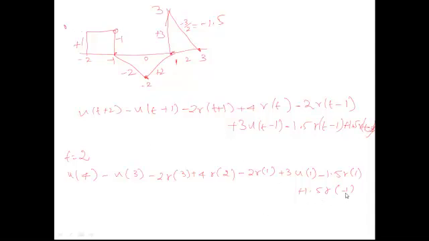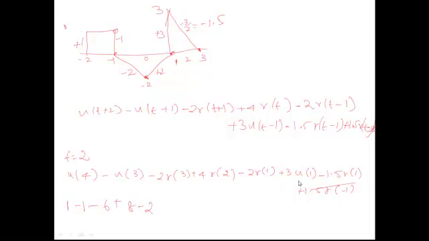Now, r of minus 1, there is no signal existing, so this is cancelled. U of 4, a unit step at a positive argument, the amplitude is always 1. Again here this will give you amplitude 1. Here it's a ramp signal r of 3. So r of 3 is 3, multiplied by 2 gives you 6, so it's minus 6. R of 2 is 2, multiplied by 4 gives you 8. R of 1 is 1, multiplied by 2 gives you minus 2.